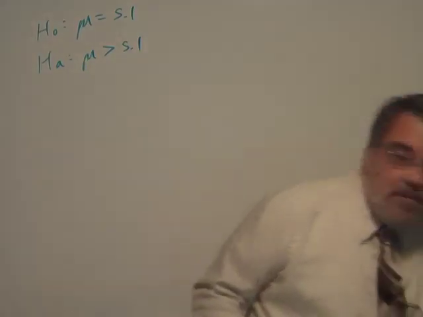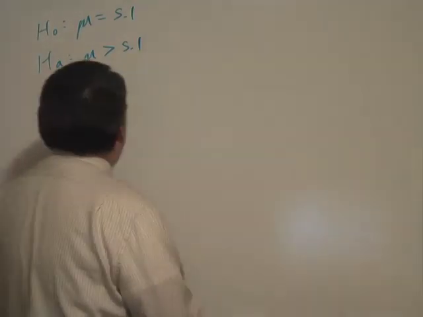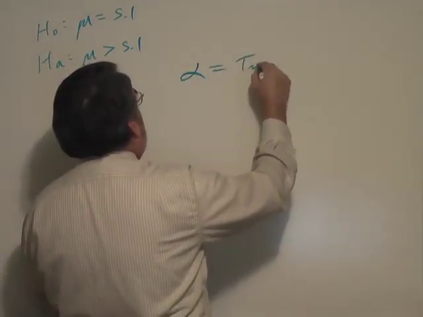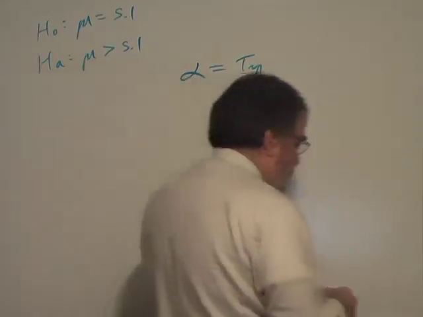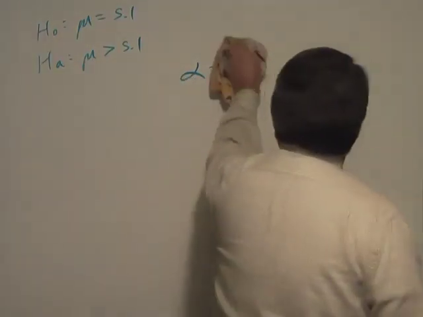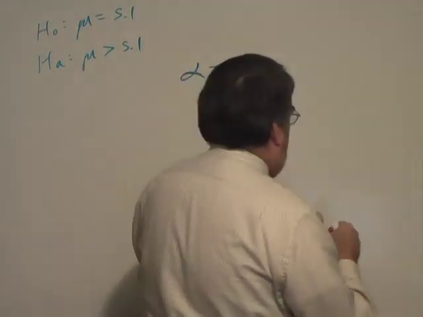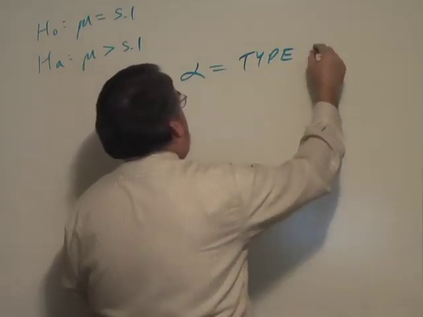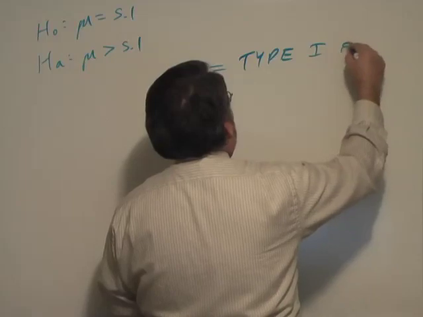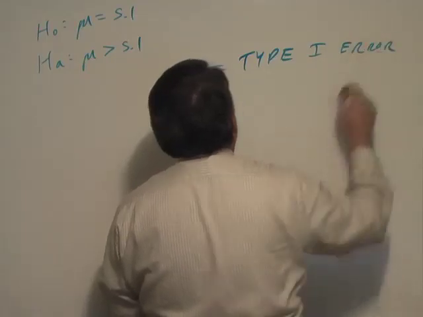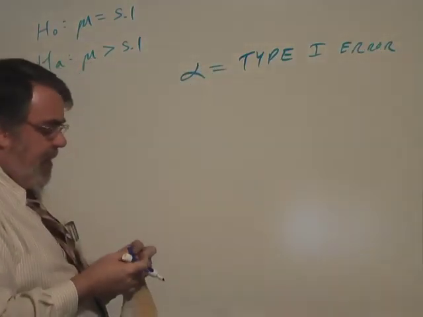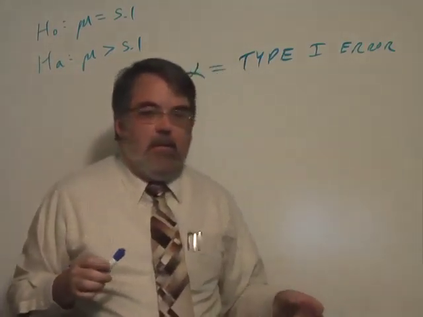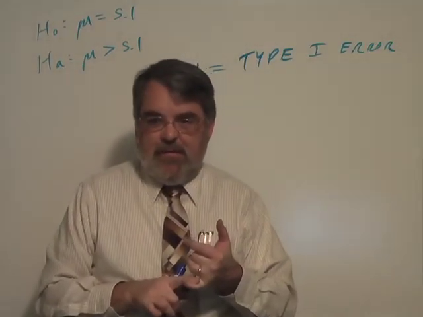Now, you've seen the Greek letter alpha used before. So alpha means the amount of type 1 error. I like to print instead of do cursive on these videos. I just have to remember to do it. Type 1 error. Well, we used alpha in confidence testing.